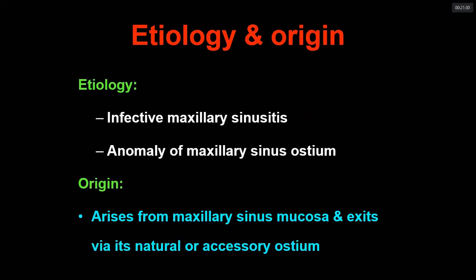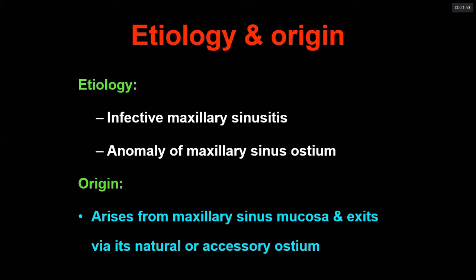Now, etiology and origin. Sometimes you can be asked this. The etiology is mostly infective maxillary sinusitis and or anomaly of the maxillary sinus ostium. Origin: it arises from the maxillary sinus mucosa and exits via its natural or accessory ostium.